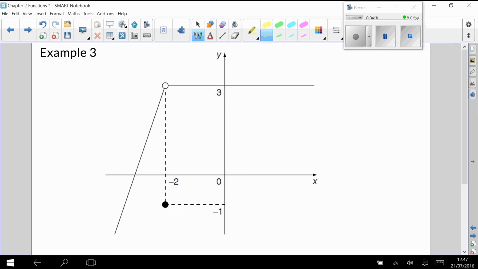I ran my finger along my graph coming from the left towards when x is going to be minus 2. And then I ran my finger coming from the right towards when x is going to be minus 2. I definitely arrive at the same height, a height of 3. But as f at minus 2 is not 3, my graph has a removable discontinuity.